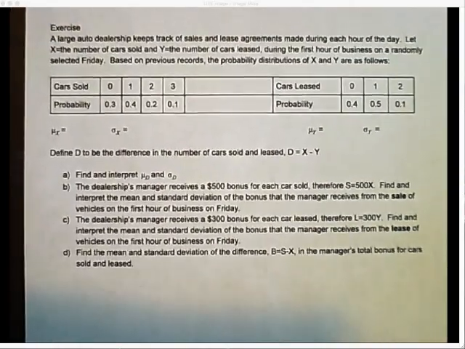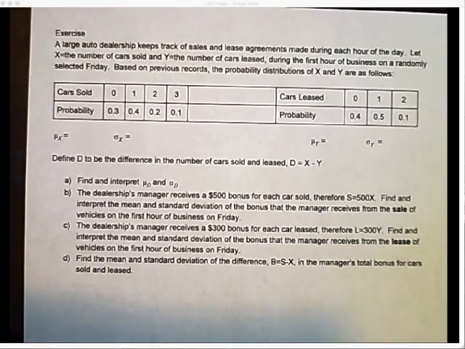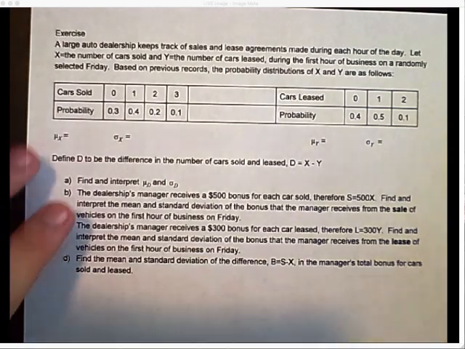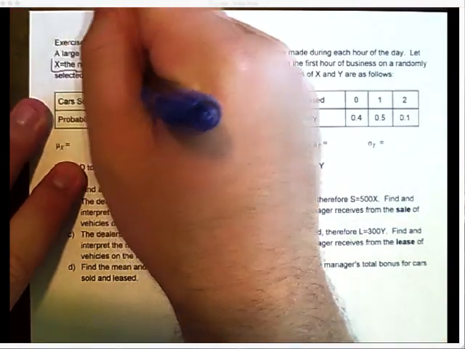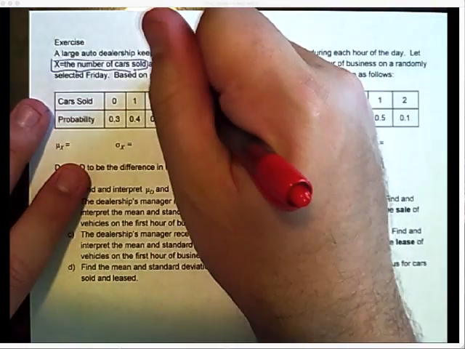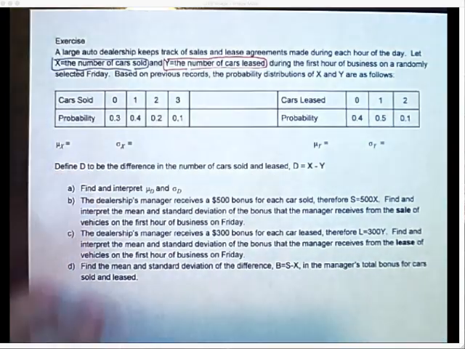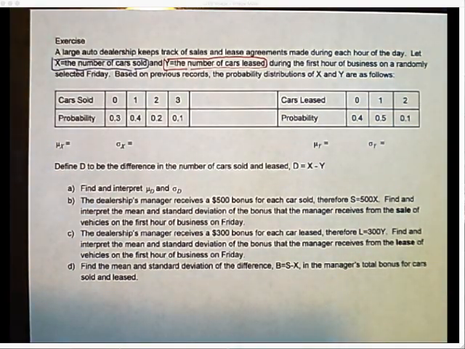So let's look at another exercise here. It says a large auto dealership keeps track of sales and lease agreements made during each hour of the day. Let x equal the number of cars sold and let y equal the number of cars leased, during the first hour of business on a randomly selected Friday.